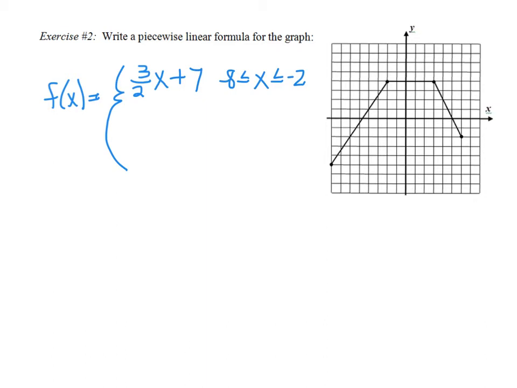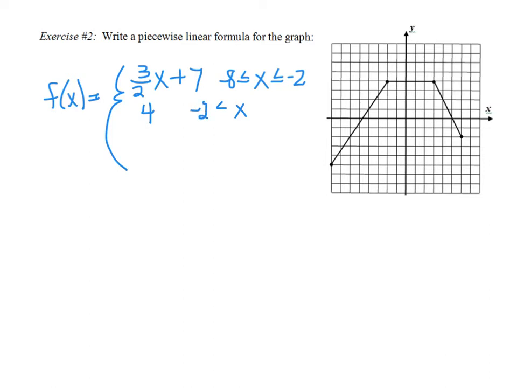If I look at the next part of the function, that happens to be a horizontal line. All horizontal lines have the equation y equals whatever number it's going through on the y-axis. So this one is going through y equals 4, so the second branch is going to have f of x equals 4. Now remembering that I had already included the -2 on the diagonal part of the first function, I'm not going to include -2 here.